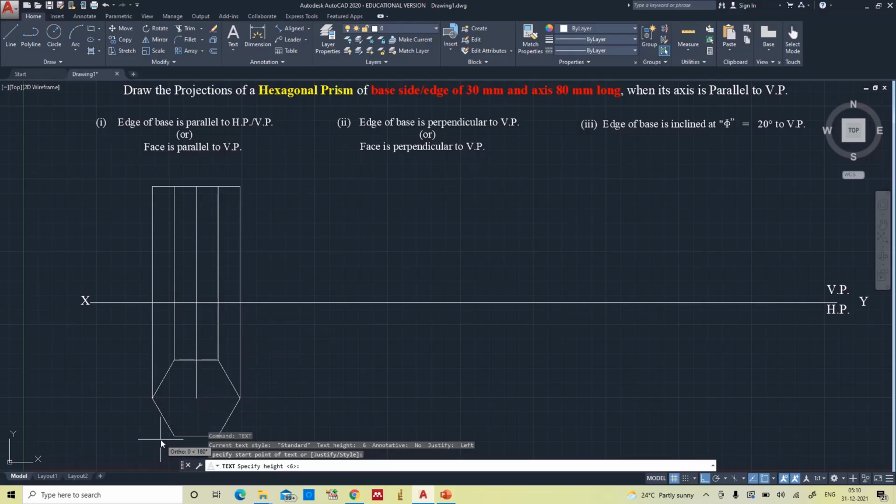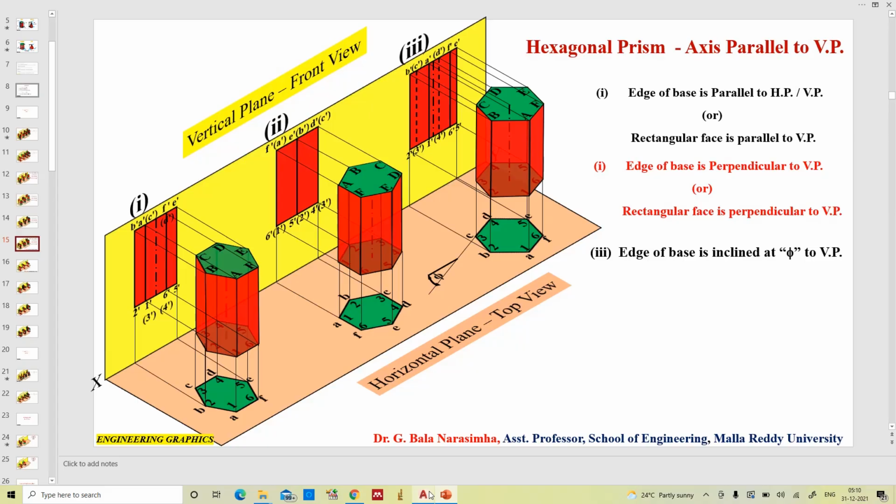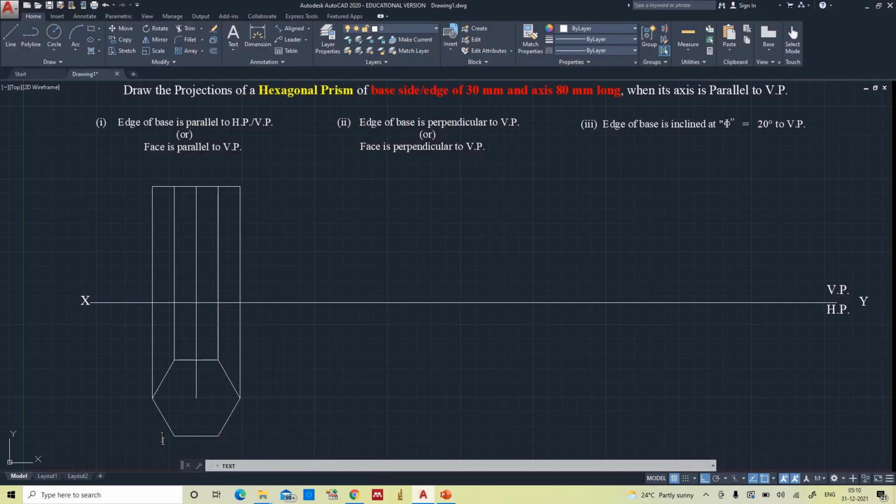Starting from A, B, C, D, E, F, and this belongs to the upper base.